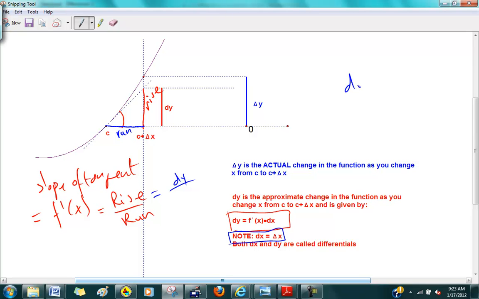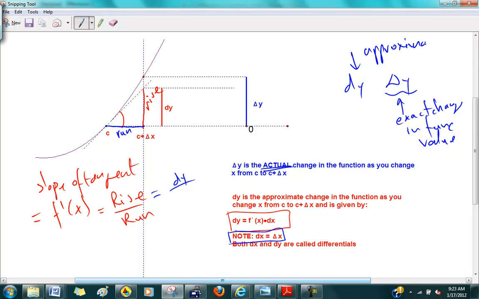dy and delta y are not the same thing. Delta y is the exact, or actual, change in function value, and dy is an approximation to it. So my rise is dy, my run is dx, or delta x, same thing.